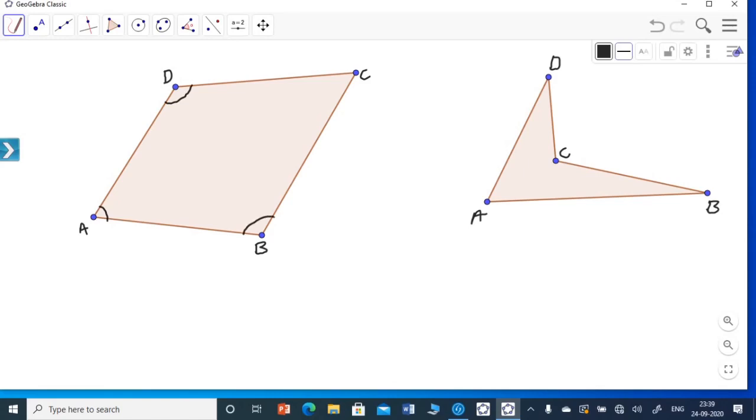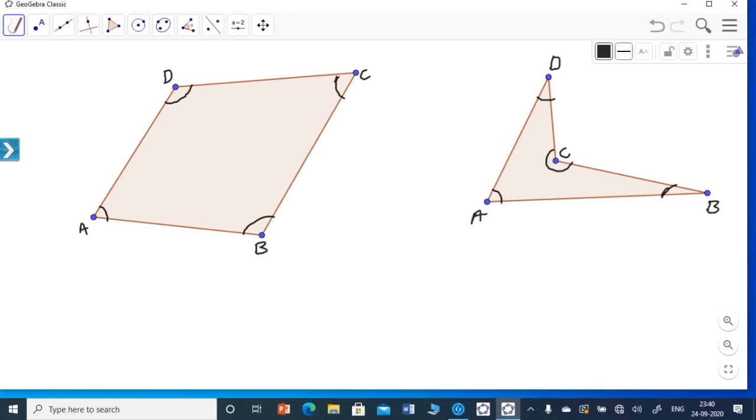Angle DAB, angle ABC, angle BCD and angle CDA are interior angles of a polygon. In the second figure, angle DAB, angle DCB, angle ADC and angle ABC are interior angles of a polygon.